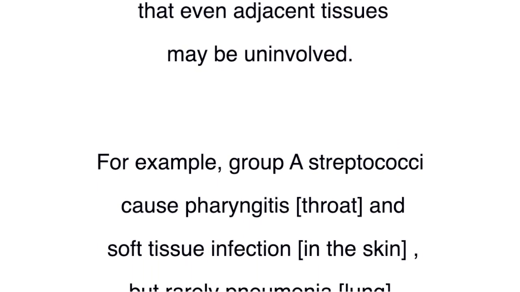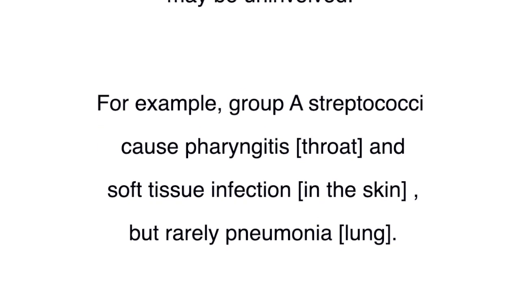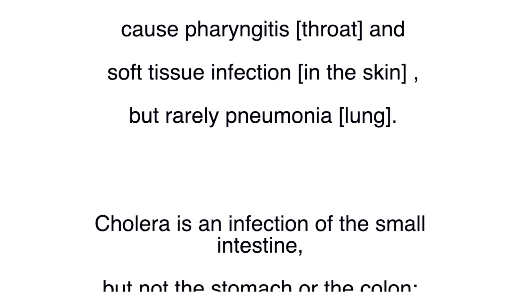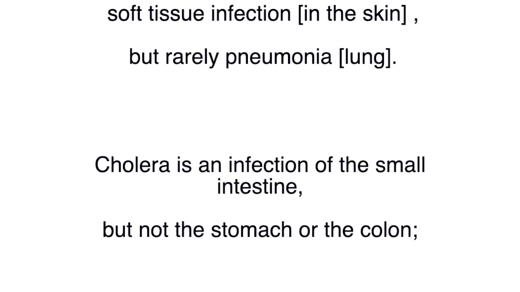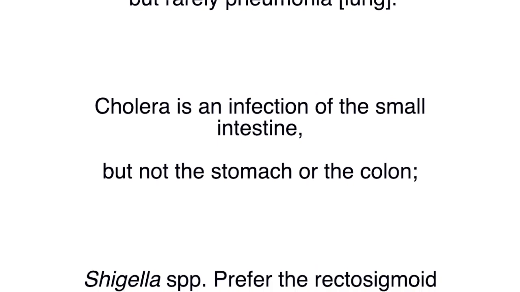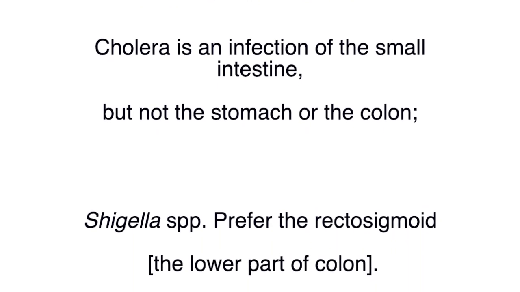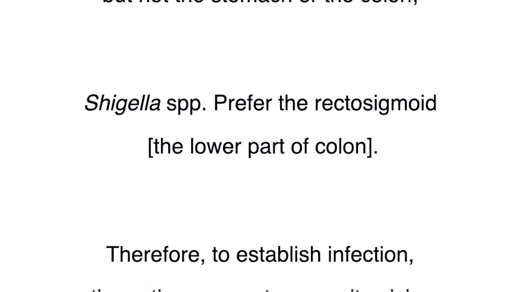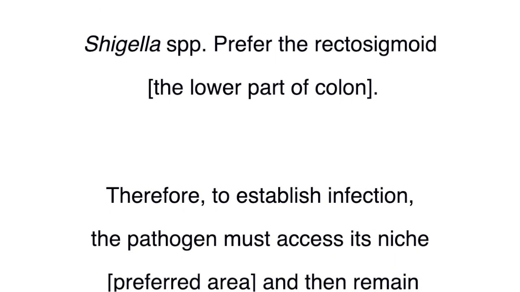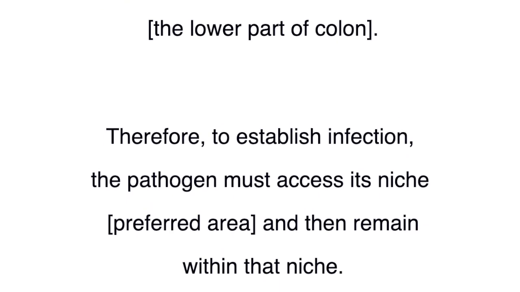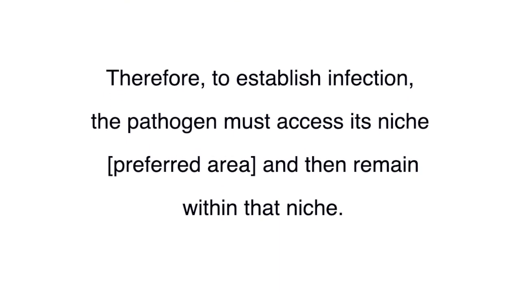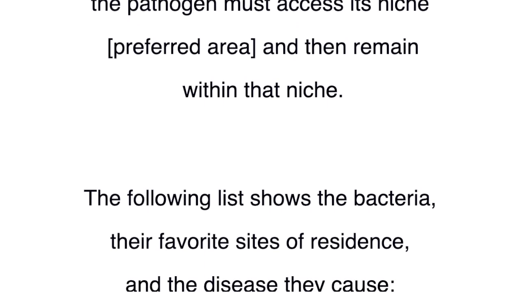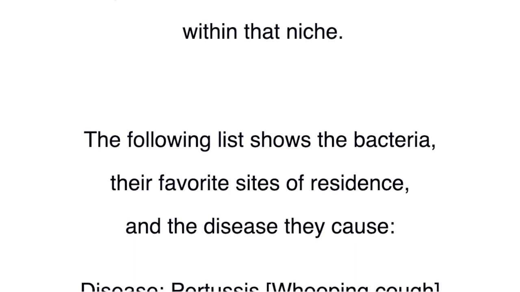For example, group A streptococci cause pharyngitis, that is throat infection, and soft tissue infection in the skin, but rarely pneumonia, that is lung. Cholera is an infection of the small intestine, but not the stomach or the colon. Shigella species prefer the rectosigmoid, that is the lower part of the colon. Therefore, to establish infection, the pathogen must access its niche, that is its preferred area, and then remain within that niche.